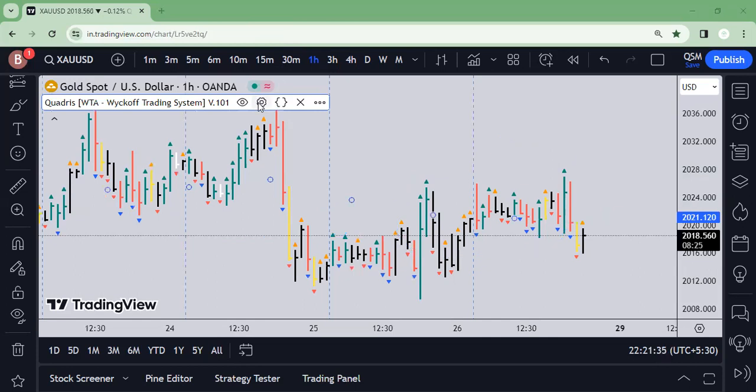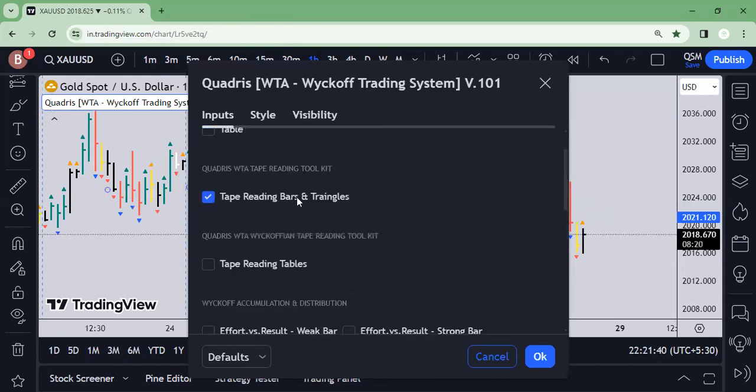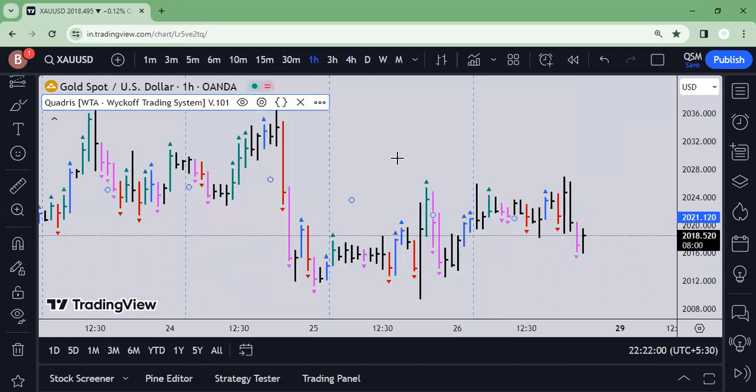After that, we have Wyckoff accumulation and distribution. This is effort versus result weak bar, effort versus result strong bar, effort versus result weak triangle, effort versus result strong triangle.